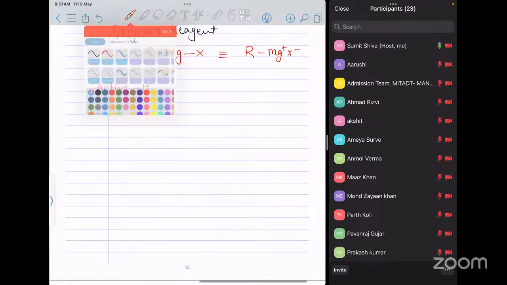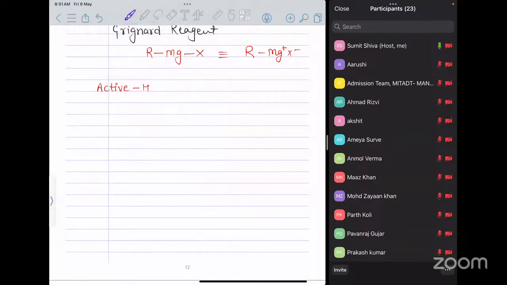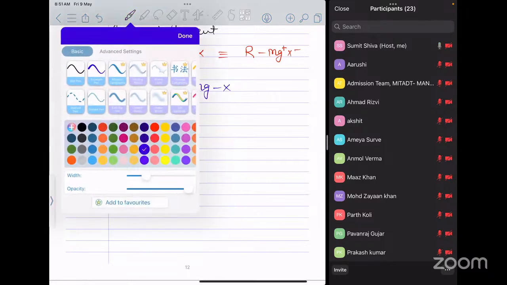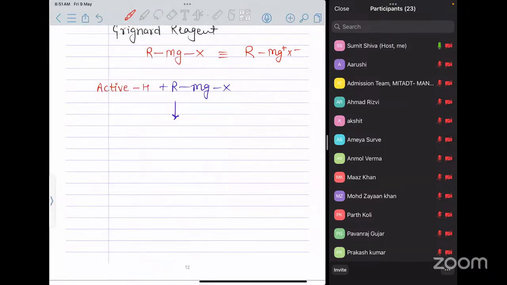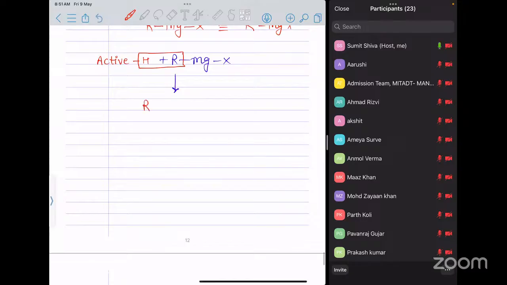If we have a compound with active hydrogen and it is treated with RMgX, the R of RMgX will take the H, or active hydrogen, from that compound, will give alkane RH, and the remaining part will be separated. Let's say this is X and the remaining part is Z. So we just have to take care of active H.